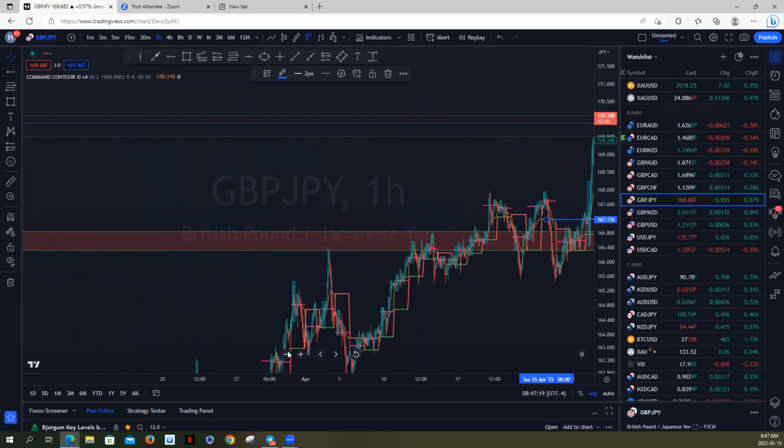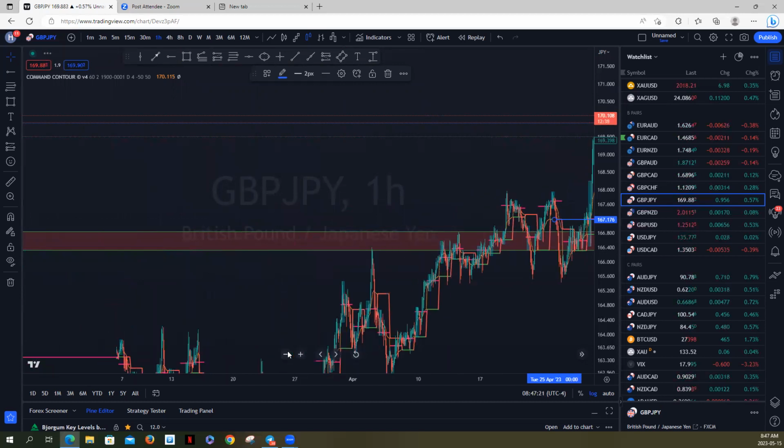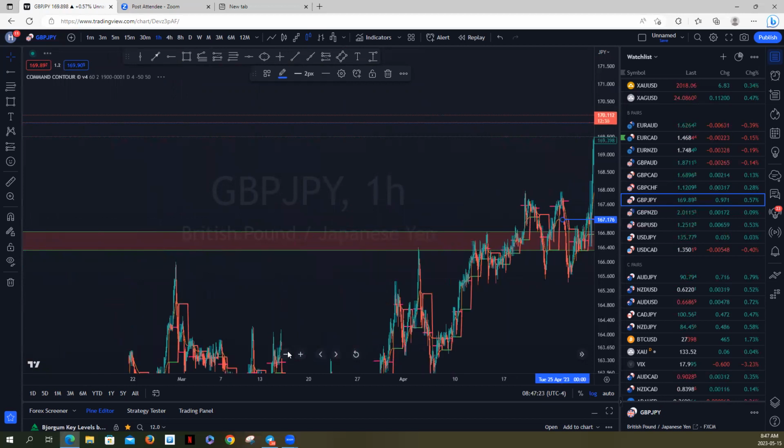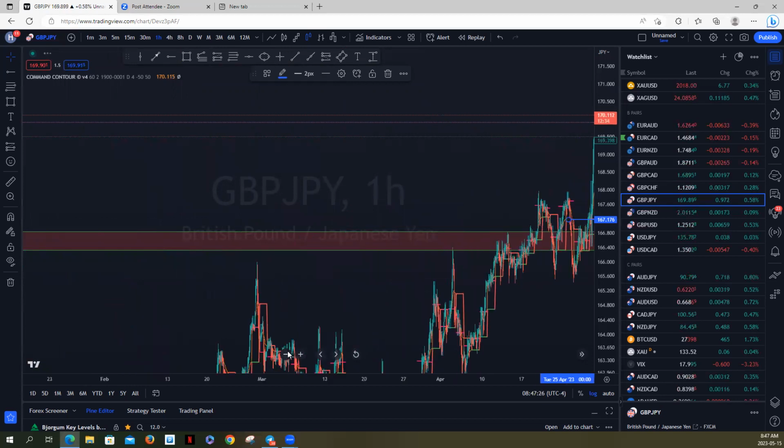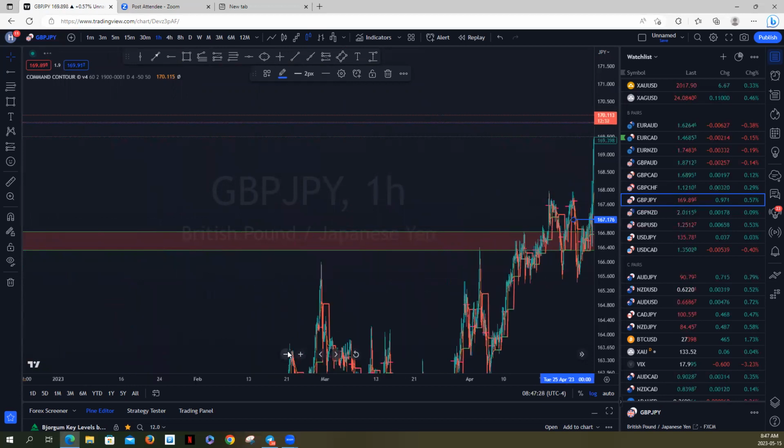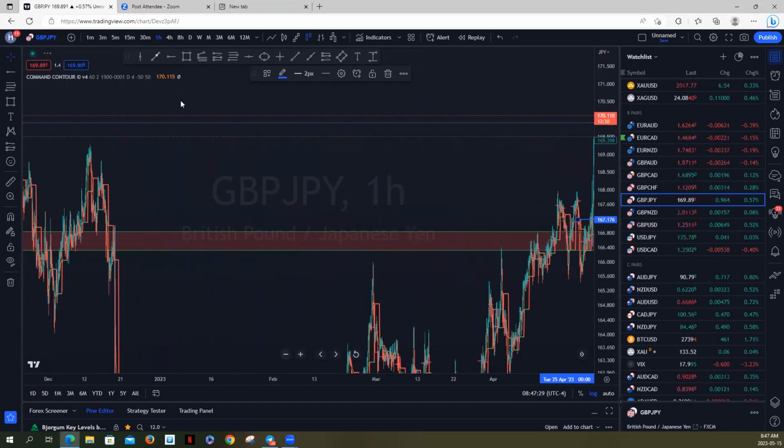Keep one to the left here. Price always visits where it was before. So even if it takes a little while, that's okay.